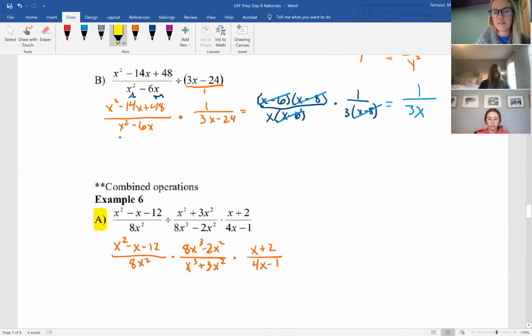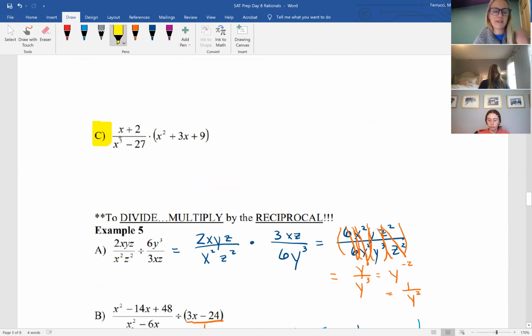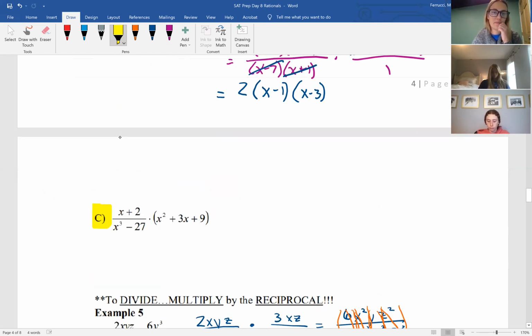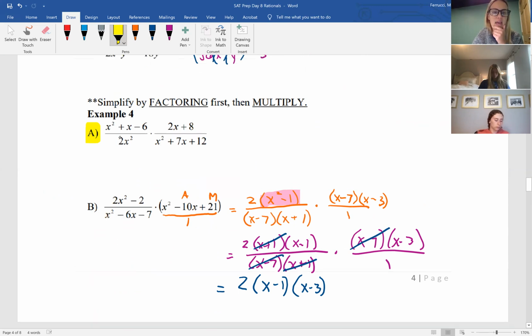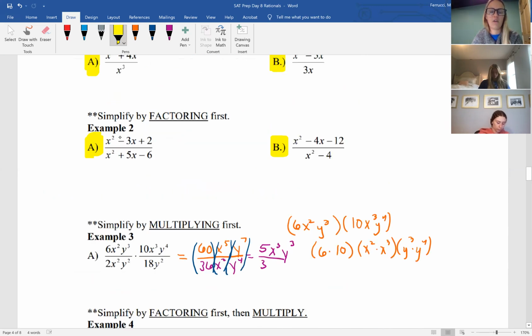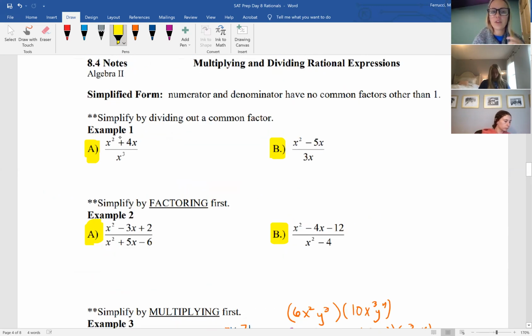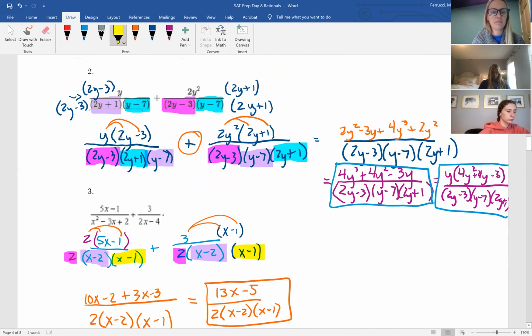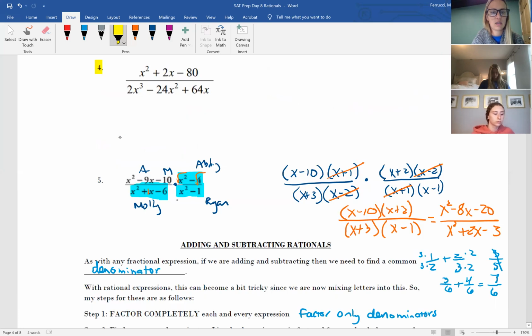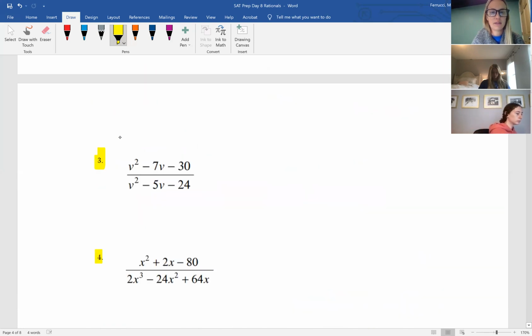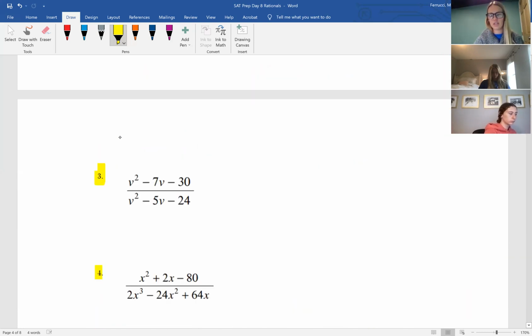And then on the other page, you just want to finish A and C on the top. On page 4, it's A, and then all the ones on the top from example 1 and 2. And then I think just that 3 and 4. So like I said, it's kind of bopping around a little bit, but you've got it.